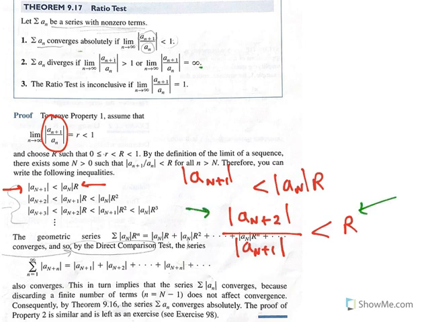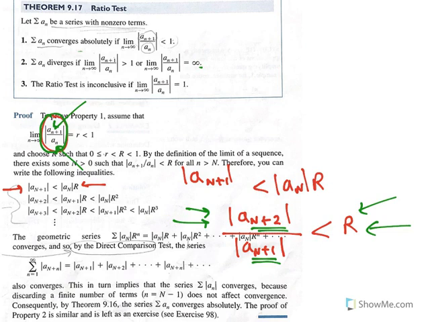Now we repeat by replacing n in the denominator with uppercase N plus 1, so the index of the term in the numerator will be n plus 2. And we can repeat the process that we did in the first step by multiplying both sides of this inequality by the denominator of the left side.